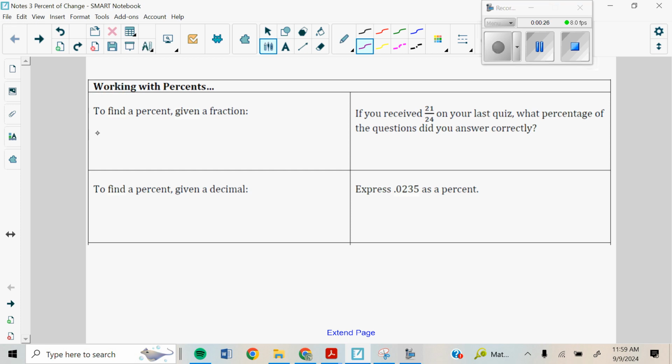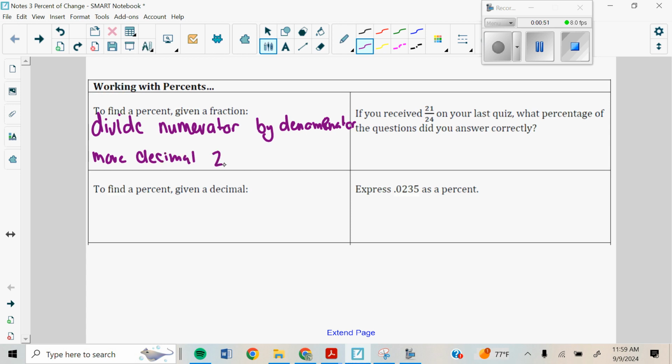So divide the numerator, that's your top number, by the denominator, that's your bottom number. Okay, and then we move our decimal 2 places to the right.